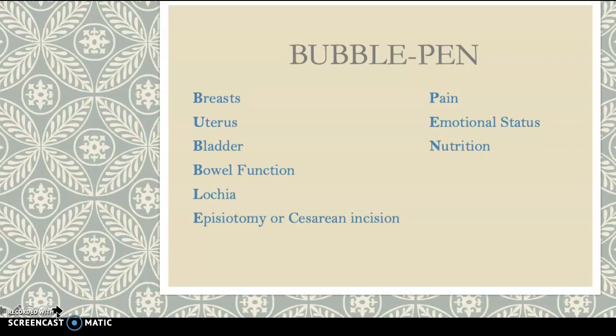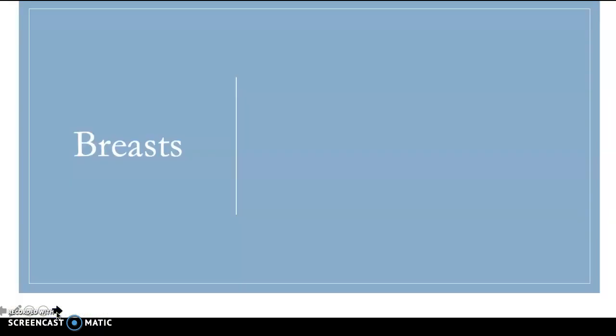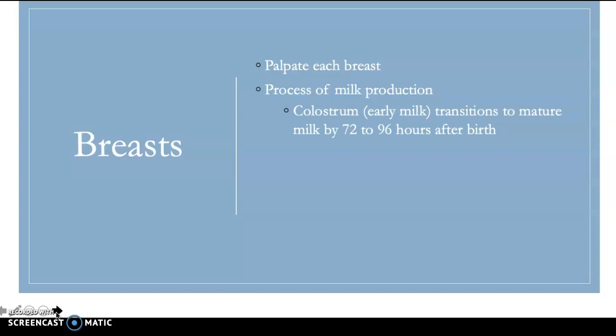So let's start. The first one is the breasts. So we're going to palpate the breasts, look and see how her milk production is coming. We're going to teach her that colostrum is that early milk, and it's filled with lots of nutritional needs for the baby. It has antibodies.